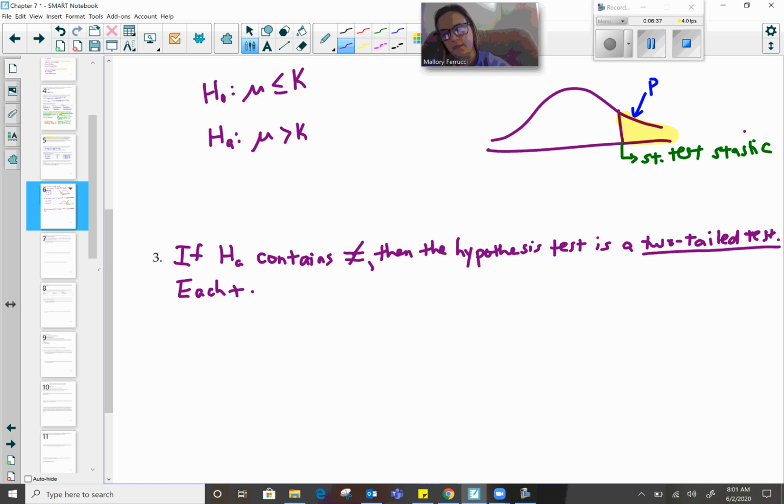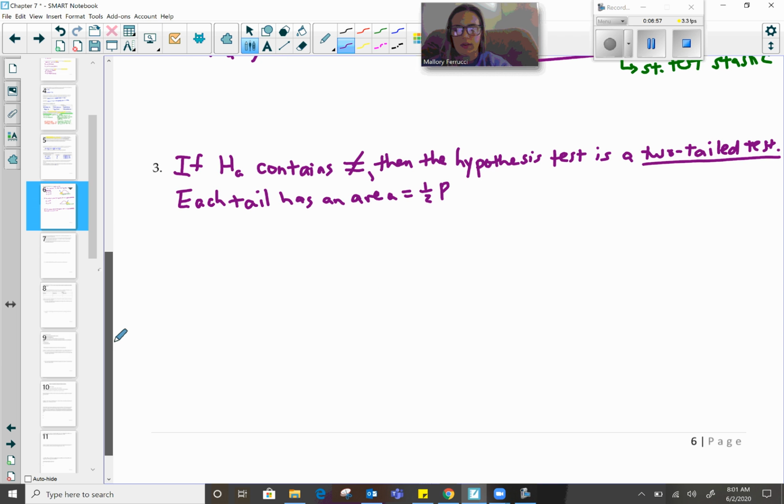Each tail has an area that is 1/2 of P, the p-value. So if the alternative hypothesis is mu is not equal to k, the null hypothesis would have to be that it is equal to k.